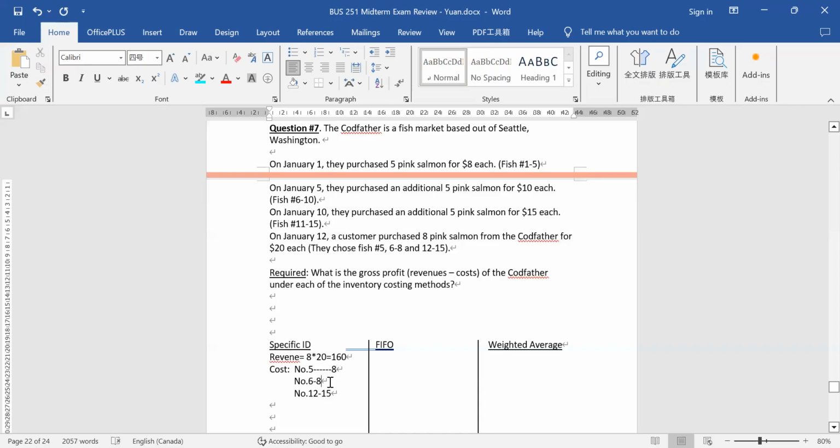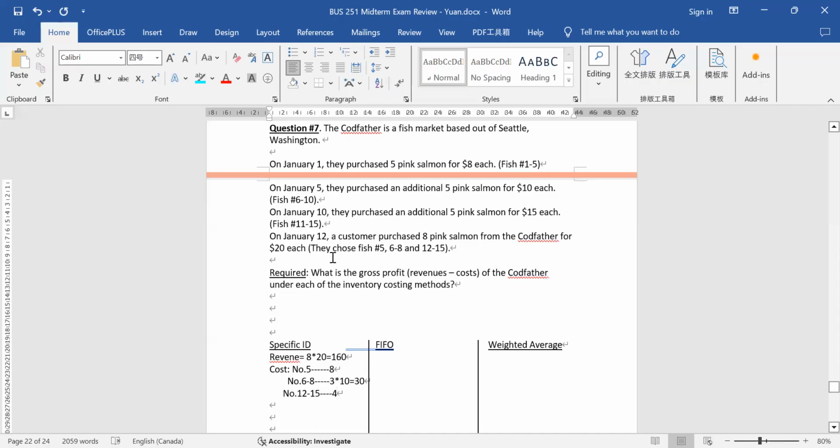So different items have different prices. So 6 to 8, what do you have? 10, right? So you get 3 fishes and you times 10. Then you have 30. And similarly, what you have here, you ordered 4 fishes.